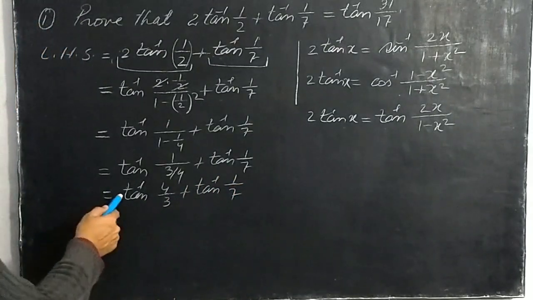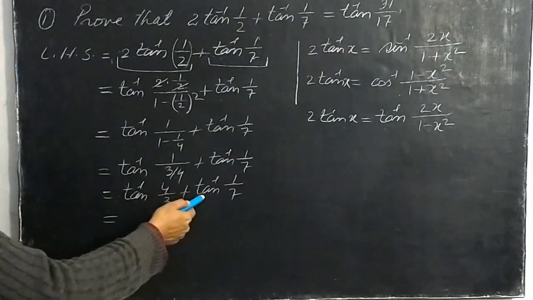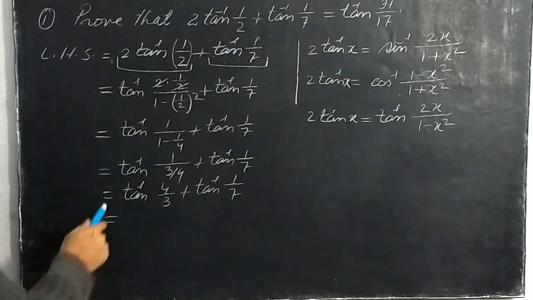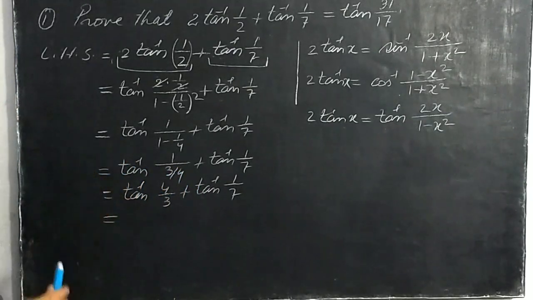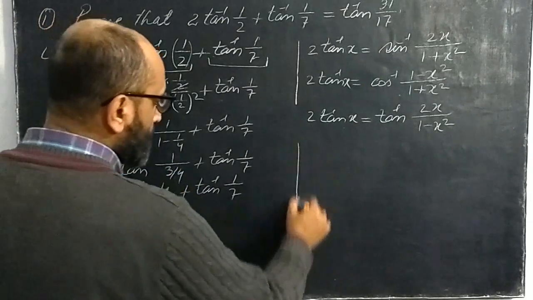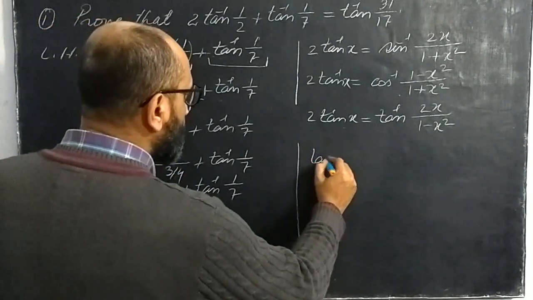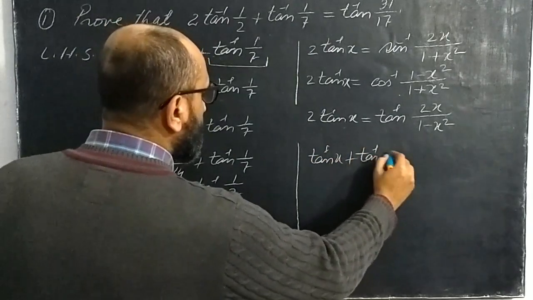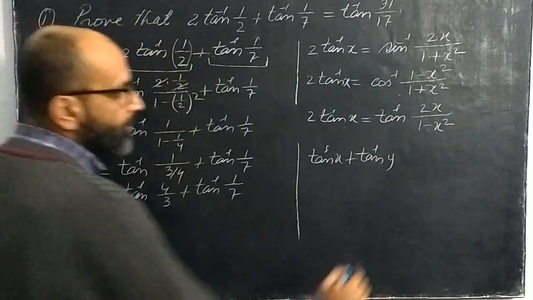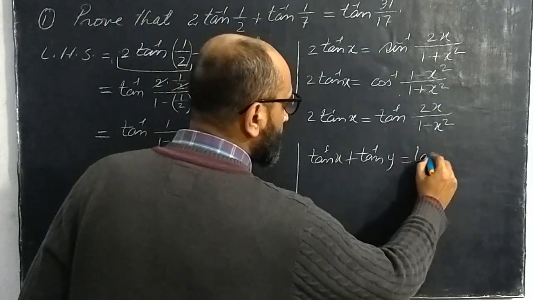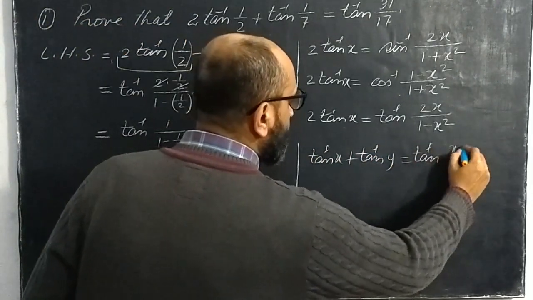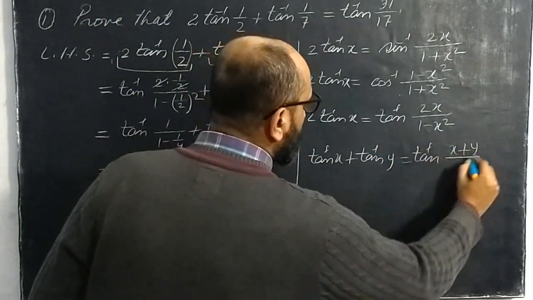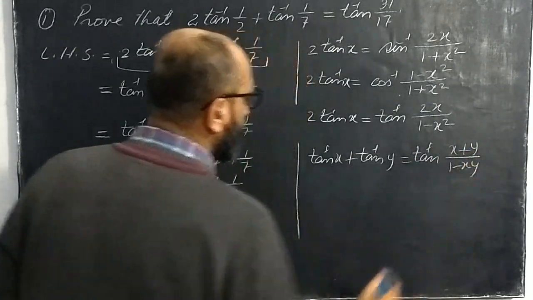Now both the tan inverse functions have the coefficient unity. So we have to use the formula now for tan inverse x plus tan inverse y, which is equal to tan inverse x plus y upon 1 minus xy.